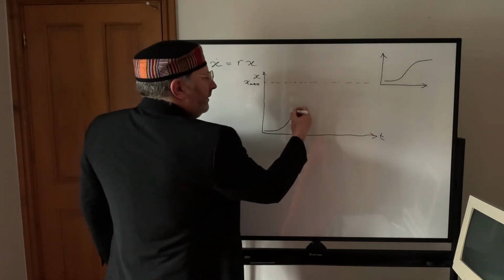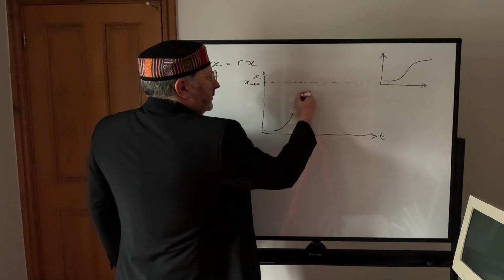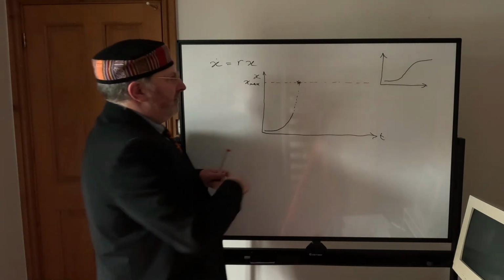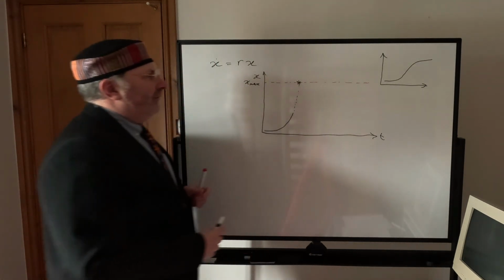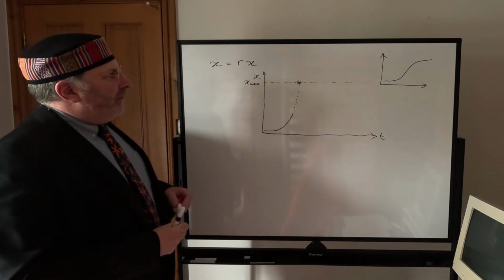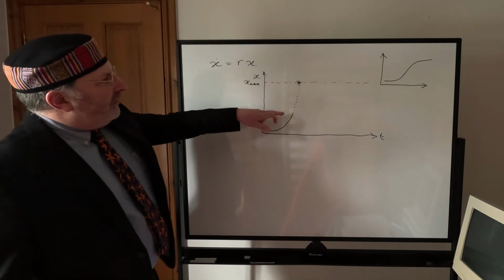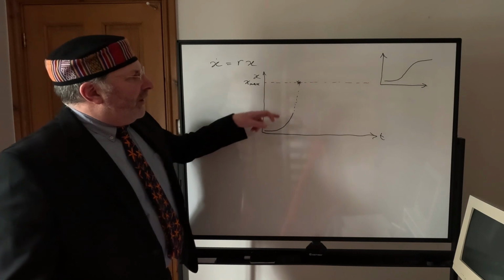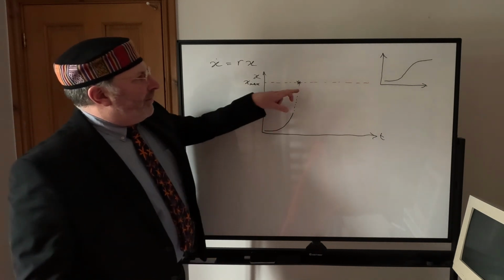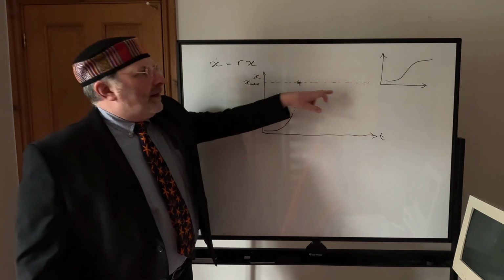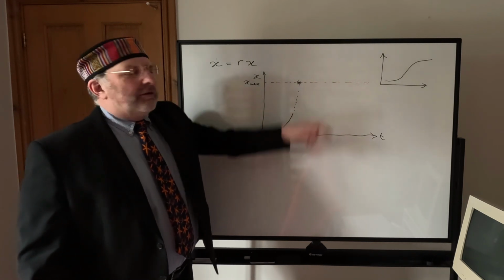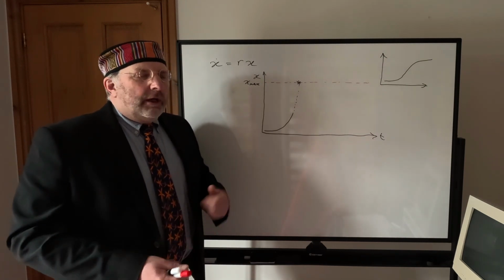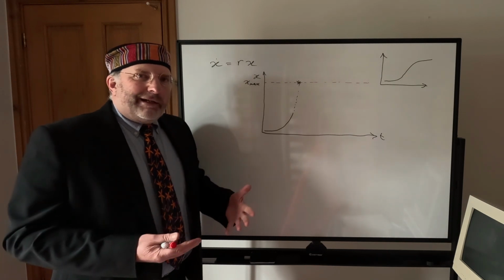So what will happen? Well, possibly the exponential growth will just keep going up till it collides with the ceiling, and then it will stop and maybe just stay at that level. But what actually happens is that as you get closer to the ceiling, the growth starts to slow down, because if you're approaching the limits of what the food available can support in terms of population, then people start to feel the pressure. They feel poorer and they're less likely to have babies.